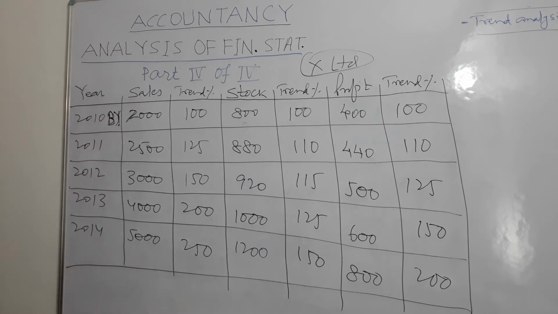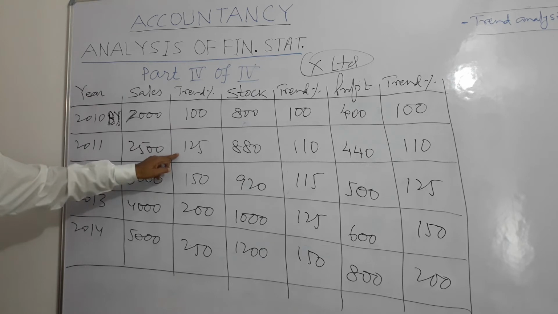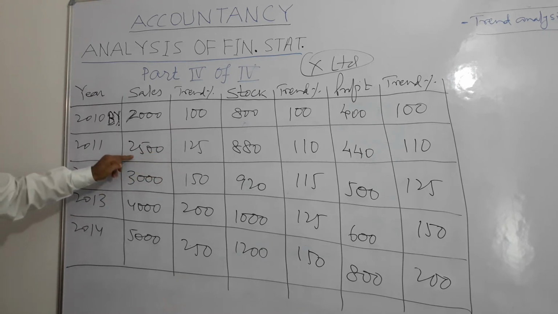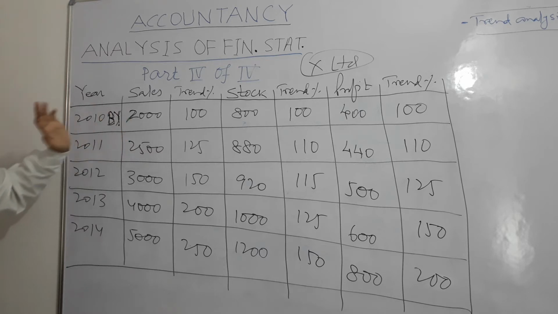So, a particular item's values over the period of these years need to be put in percentages with reference to the base year. So when 2000 becomes 2500, it becomes from 100% to 125% because 2500 is 125% of 2000.